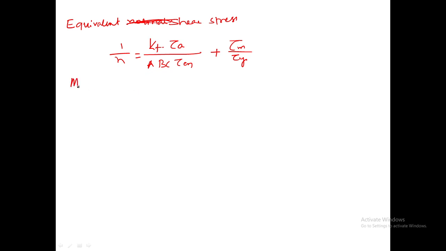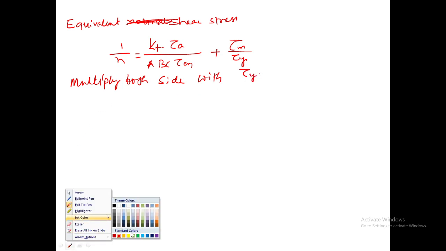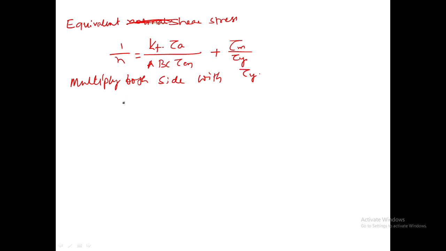Again, if you multiply both sides with tau y, what will we get here? Tau y divided by n equal to kf into tau a divided by ABC into tau en into tau y, plus tau m into tau y divided by tau y.